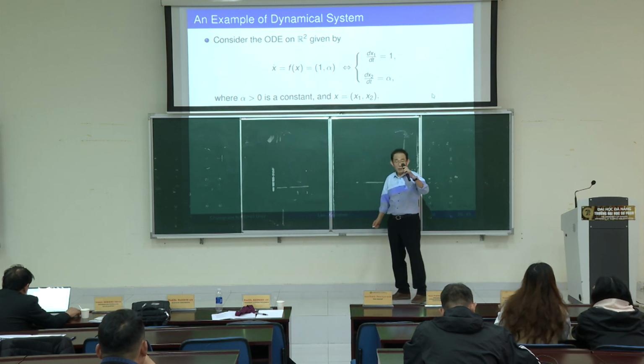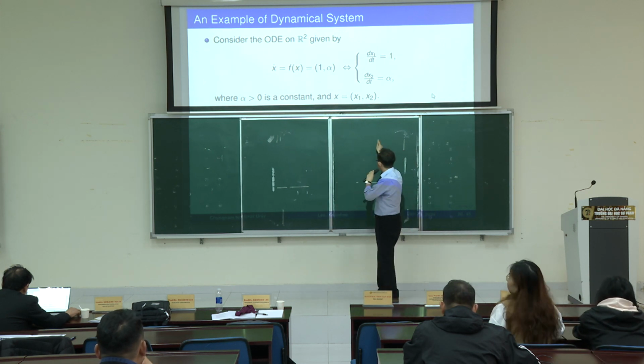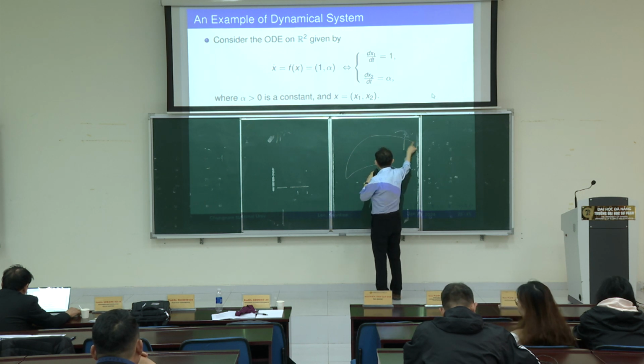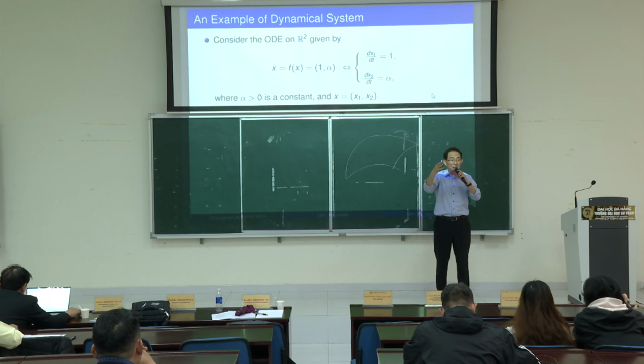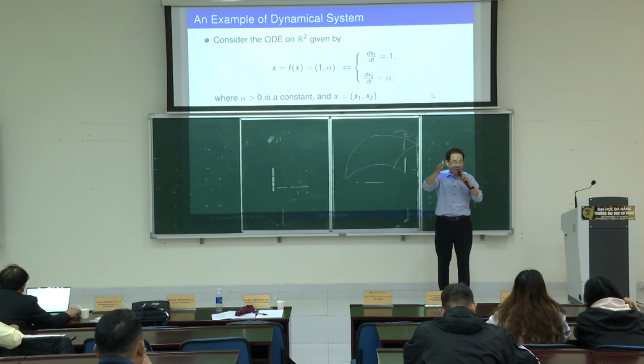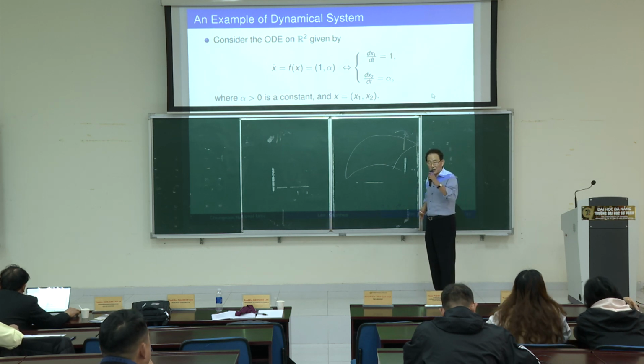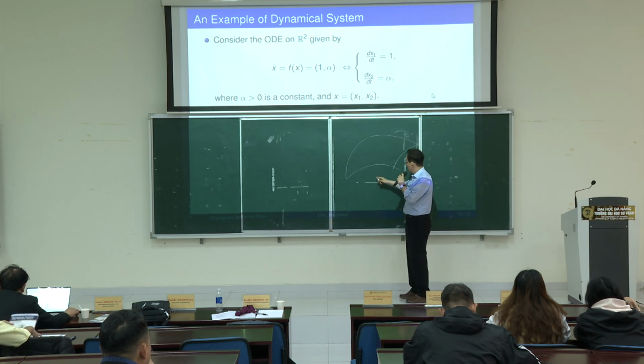So, one comment here. This is the collection of all solutions of ordinary differential, partial differential, stochastic equations, it doesn't matter. The collection of all solutions can sometimes be a topological space, a metric space, a manifold, or a measure space.